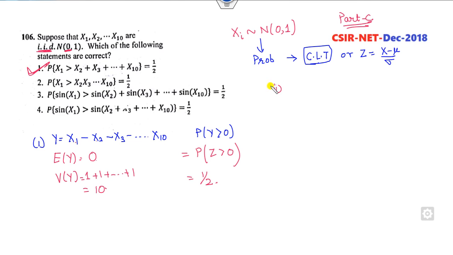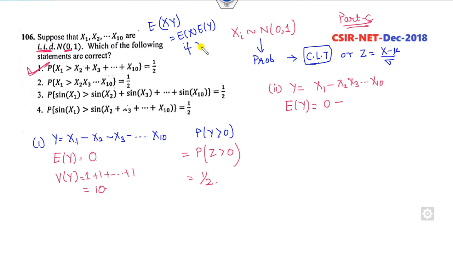If I look at the second option, if I consider this as y, x1 times x2, x3 up to x10, what is the expected value of y? Expected value of x1 is 0. What is the product? We all know the expected value of this is this into this if x and y are independent.